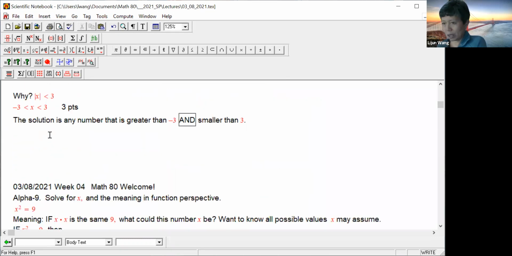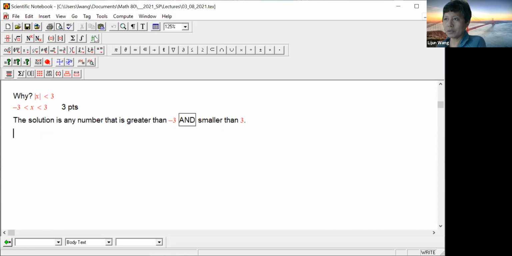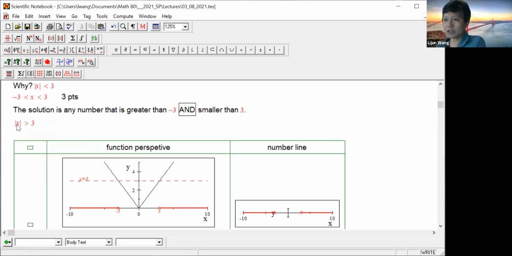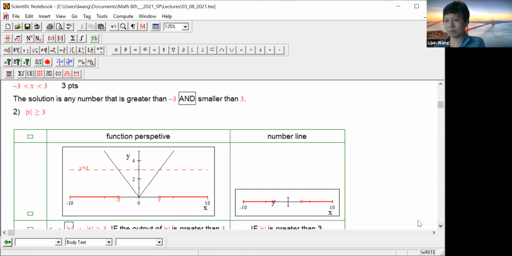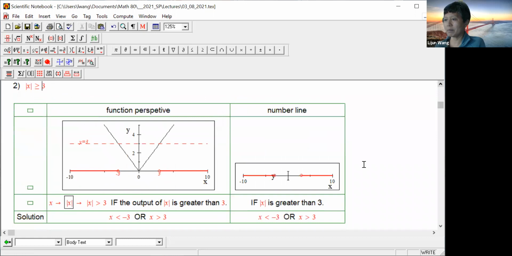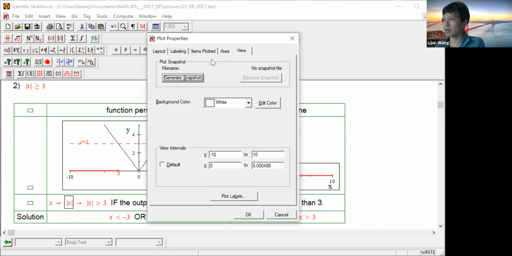What I want to show you, not only will it save me some time doing the graph, I also want to show you the similarity. What if this changes from greater than to greater than or equal to? What will happen? Well, all of these will become dots. So I'm going to change them into dots.